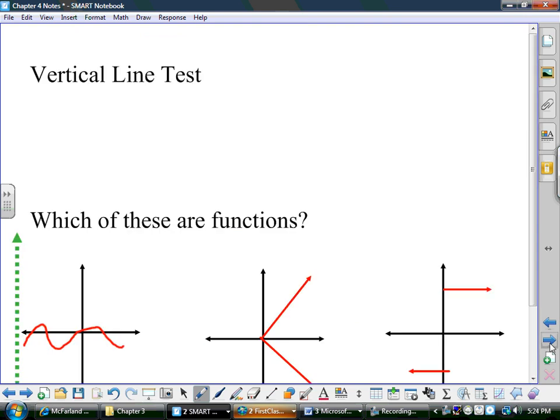When you have a graph of a function, or the graph of an equation, you can tell if it's a function by using the vertical line test.